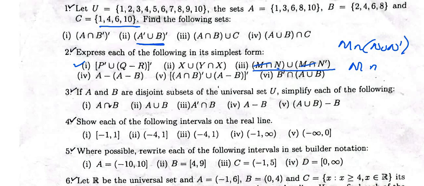What remains is just N union N complement. You see that, right? We remove the M intersection, and we'll have N union N complement. That's going to give us the universal set, since any set union its own complement is a universal set, right?